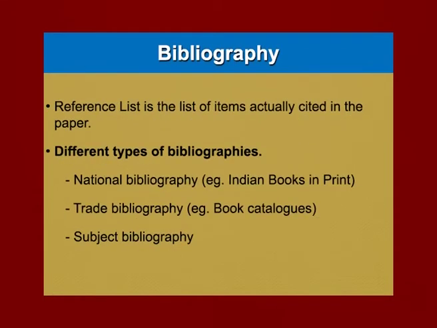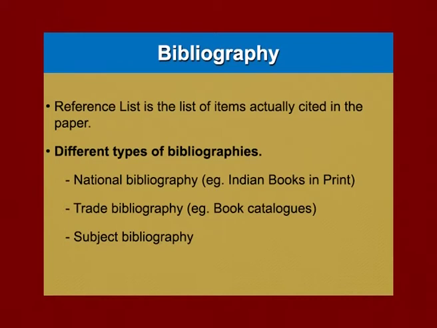Now a lot of the time we mix up a bibliography and a reference list. A reference list is basically only those items which you have actually cited in the paper, whereas a bibliography is a list of what you might have studied, not necessarily referred to in the particular write-up you are preparing.